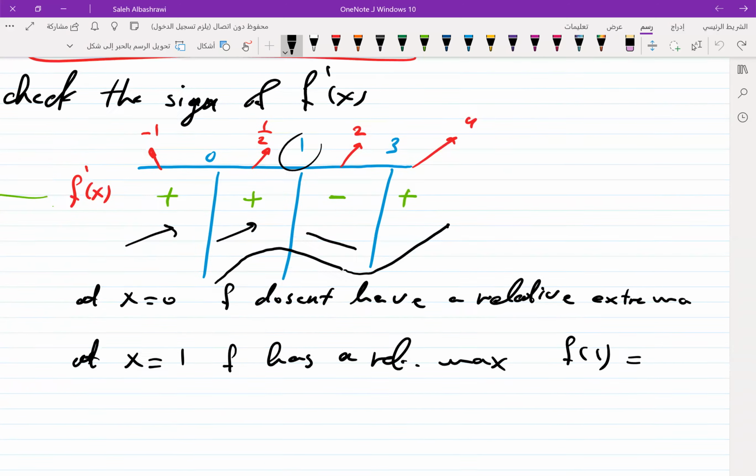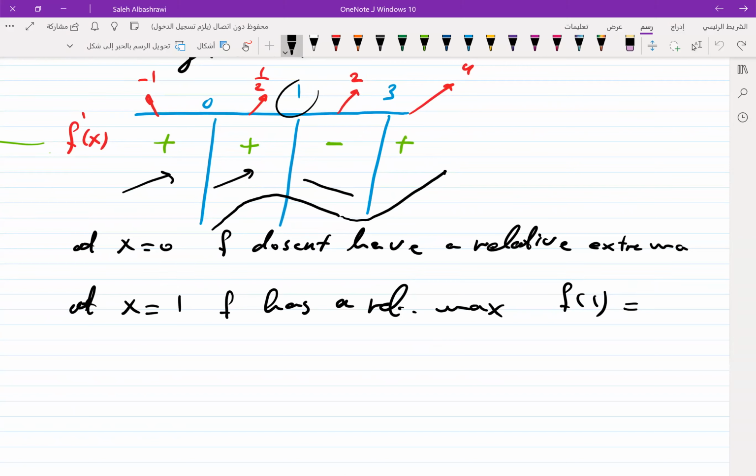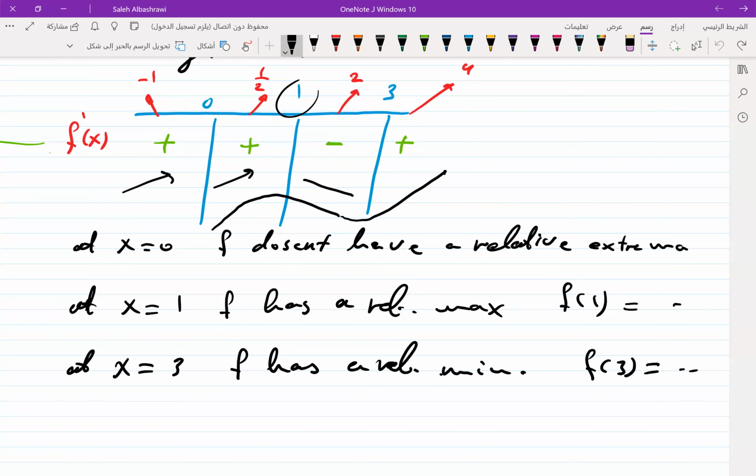At x equal to 3, f has a relative minimum. And that relative minimum is equal to f of 3. Just replace x by 1. That will give you the value of the relative maximum. And if we replace x by 3, we will have the relative minimum.